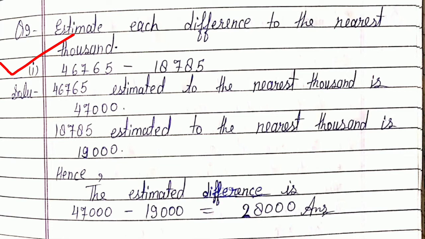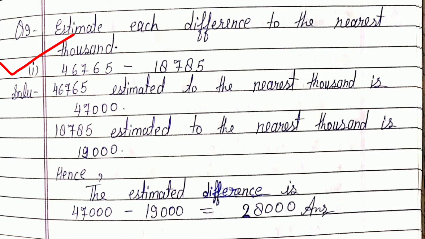46,765 estimated to the nearest thousand is 47,000, because here 7 is greater than 5, hence we add 1 to the rounding place. Now the next number, 18,785 estimated to the nearest thousand is 19,000, because here 7 is greater than 5, so we add 1 to the rounding place, that is 8.